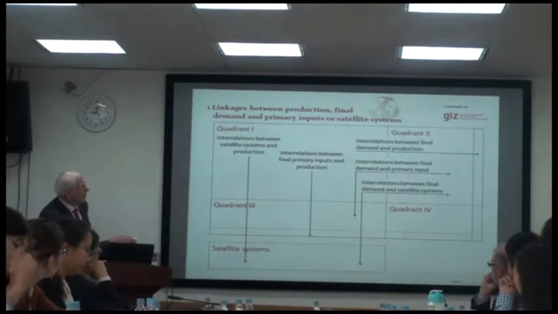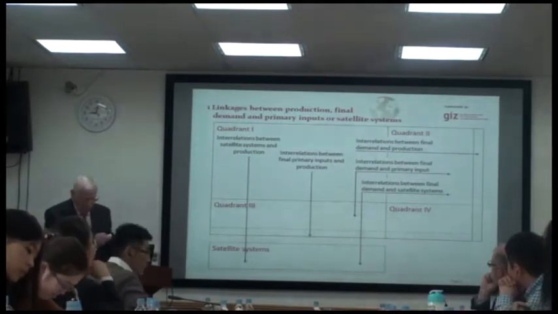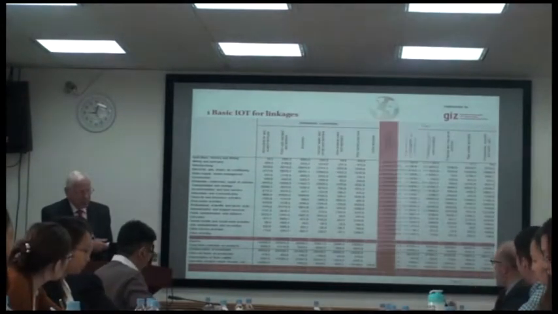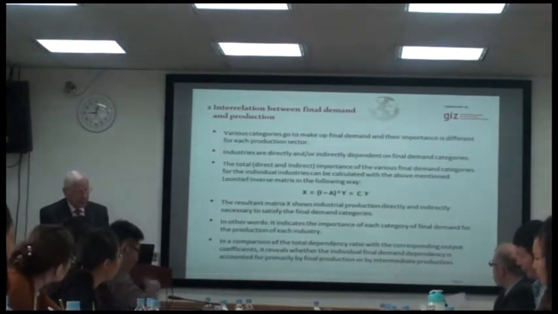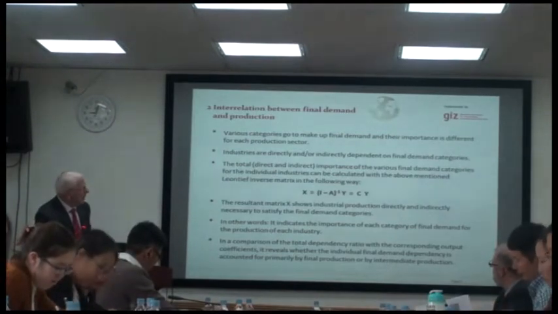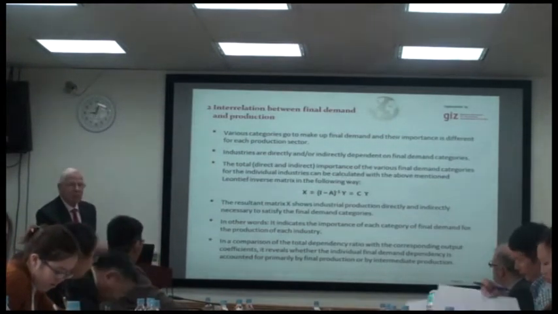Right behind, between final demand and production. The first formula you should write there, because then you know later on what has been done in this area. Write down this formula: X = (I - A) inverse multiplied by Y.